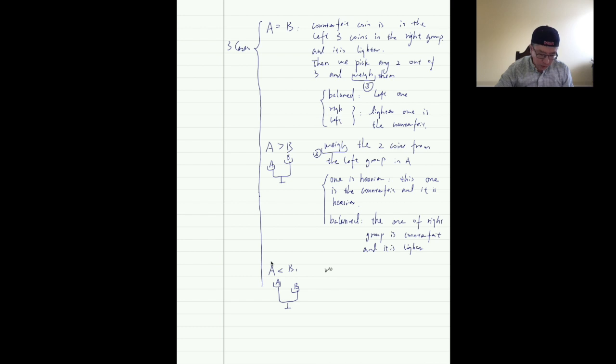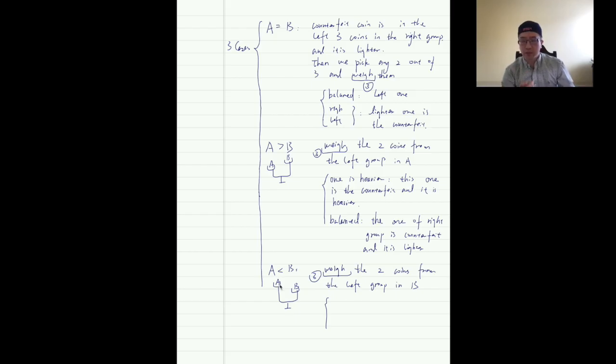So now we weigh the two coins from the left group in B. Okay, so this is our third try. By doing this, we know it'll be heavier and it'll be in the left group, right?